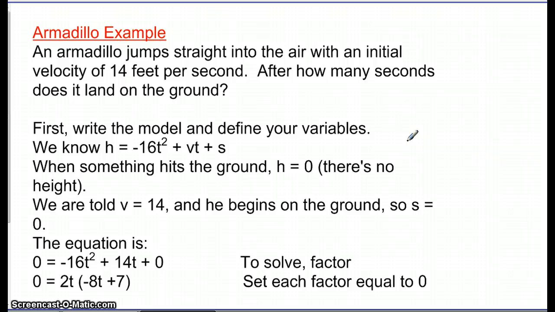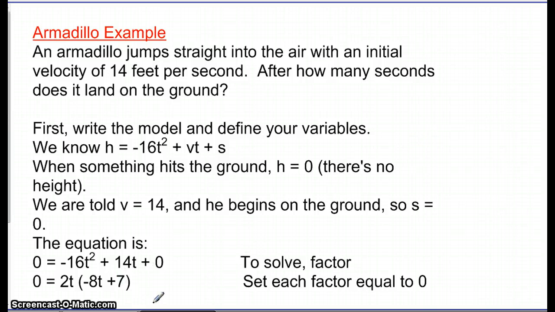To solve this, you need to factor it. We already know how to do this from doing it from the beginning of the section. These terms have a 2t in common. Remove the 2t, so it's 2t multiplied by the quantity of negative 8t plus 7. To solve this, you're going to set each factor equal to 0. 2t equals 0, and negative 8t plus 7 equals 0.